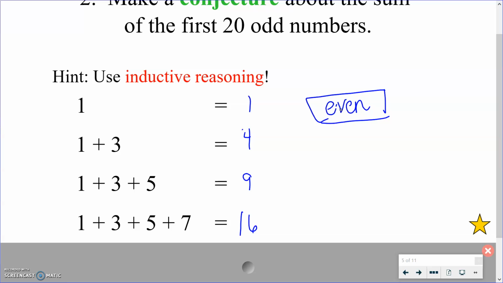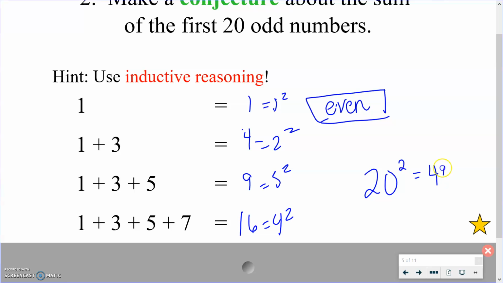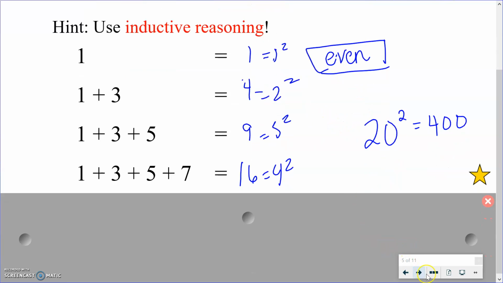To get even more specific, the first one is 1 squared, just like that last pattern. Second one is 2 squared, and then 3 squared, and then 4 squared. So the first 20 would be 20 squared, and that's even more specifically 400. I didn't say how specific to get, and so any sort of conjecture you can make based on your knowledge is good.